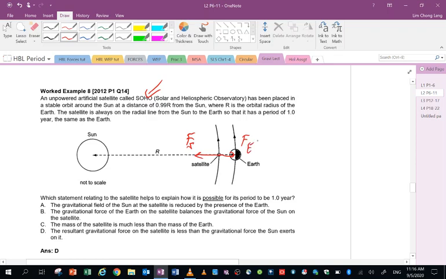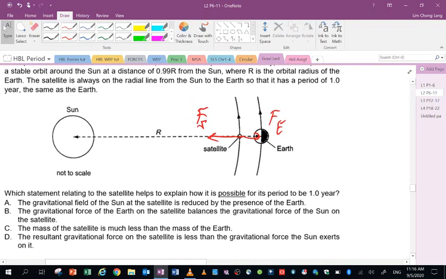So which statement relating to the satellite helps to explain how it is possible for its period to be 1 year? If you look at A, the gravitational field of the Sun at the satellite is reduced by the presence of the Earth. Now, this statement is wrong. Let me explain why. g due to the Sun is equal to G times the mass of the Sun divided by R squared.